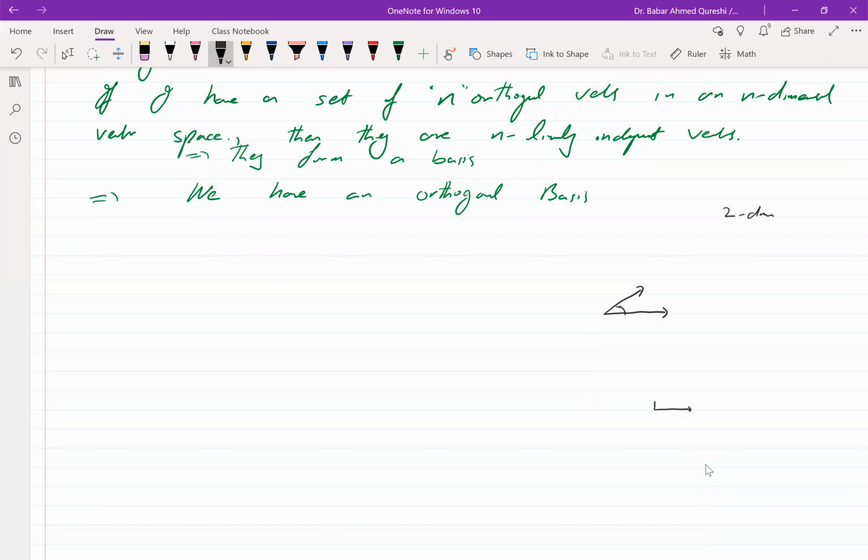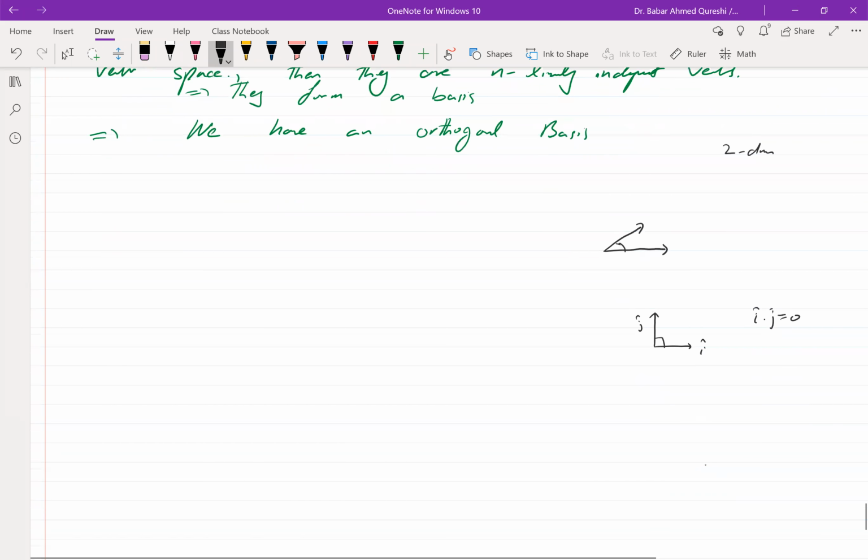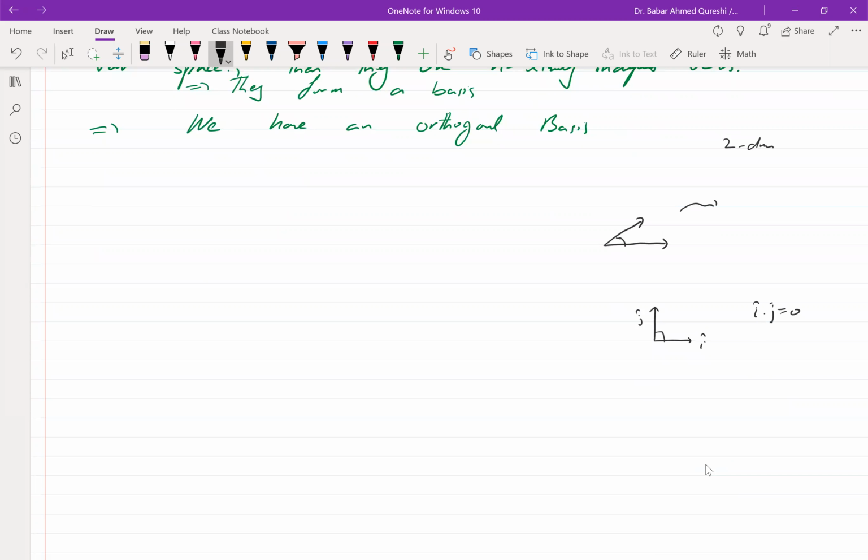But if I consider these i and j, they are linearly independent as well, but this time they are orthogonal as well, because the scalar product is 0. So the first pair is linearly independent but not orthogonal. So it's a basis but not an orthogonal basis. This is an orthogonal basis.